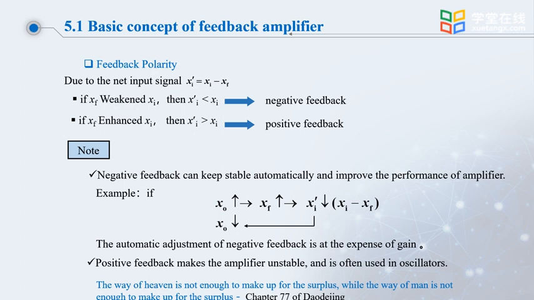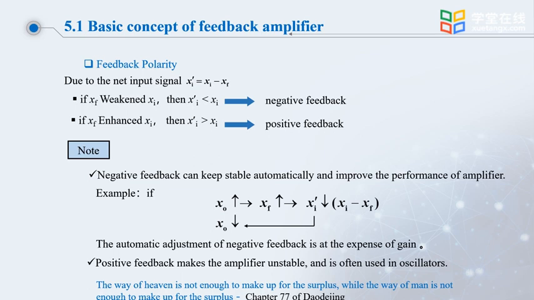The increase in Xout, after passing through the feedback network, makes the feedback signal XF increase too. Since Xi' equals the input signal Xi minus the feedback signal XF, an increase in XF means a decrease in the net input signal Xi'. After amplification, Xout gets smaller.